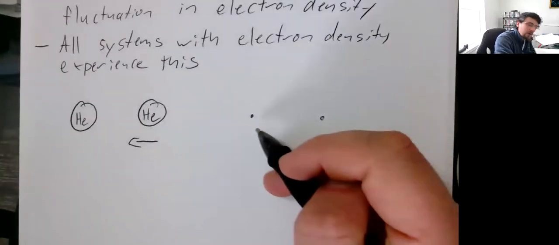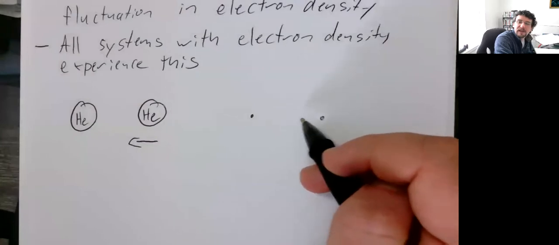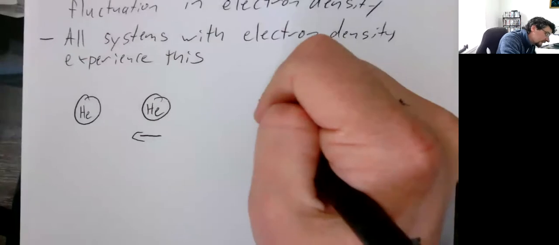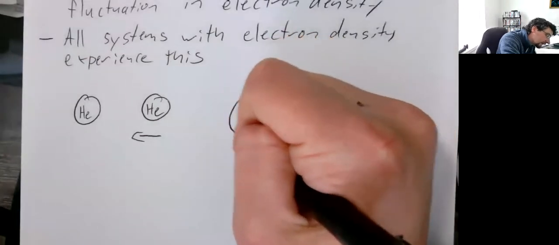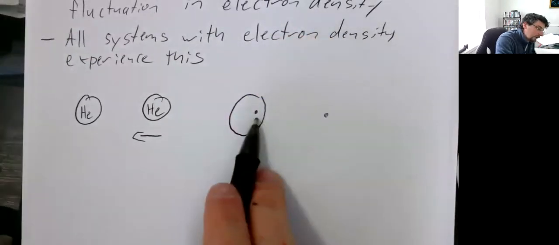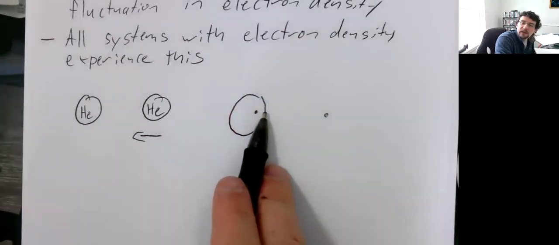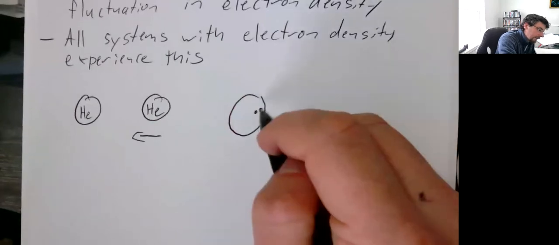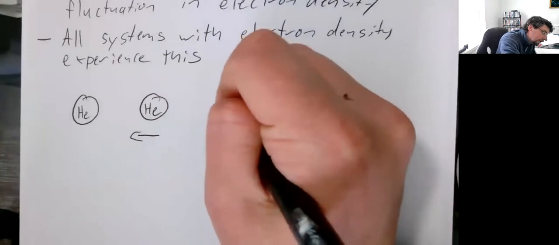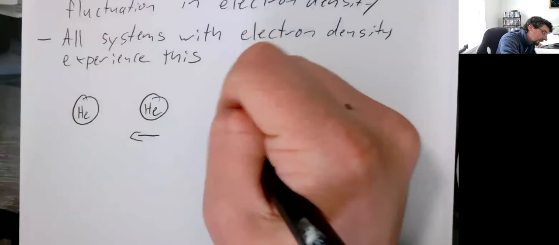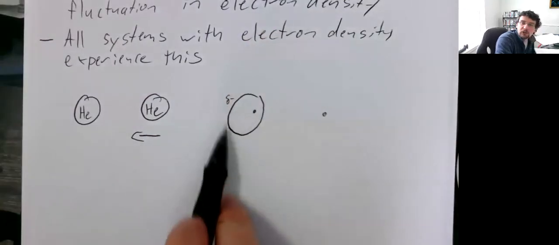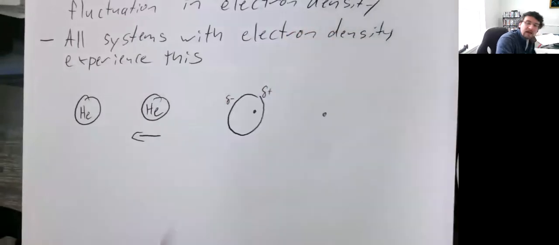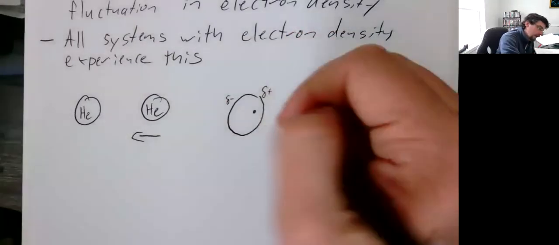So as we push this one closer, these negative charges see one another, and it pushes the electron density out from this system. So if you look where that nucleus is, the electron density has been pushed away by this guy. And you get a bunch of partial negatives along this side because there's an accumulation of charge, and then there's a partial positive along this side because there's a lack of charge where it should be.